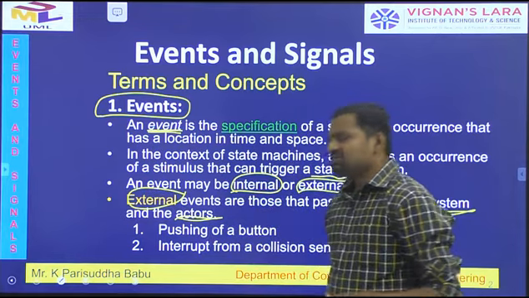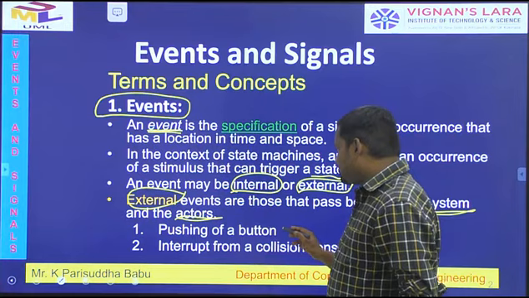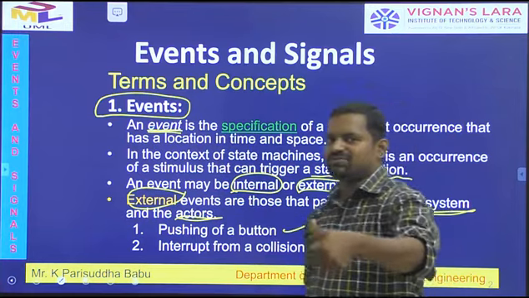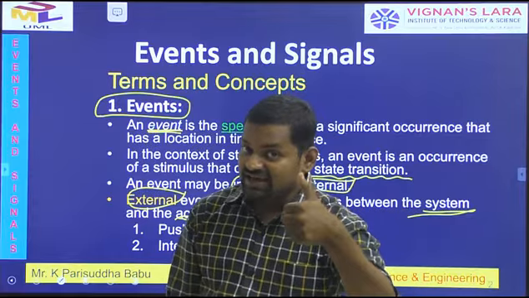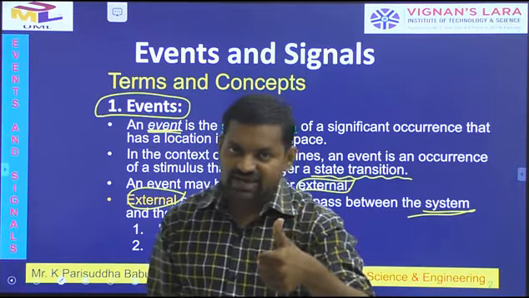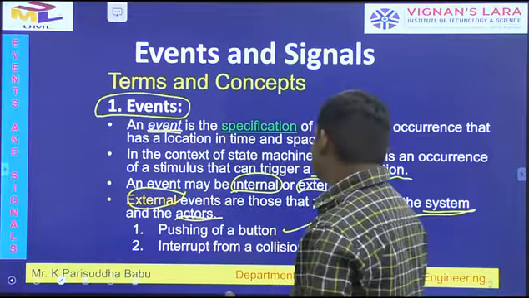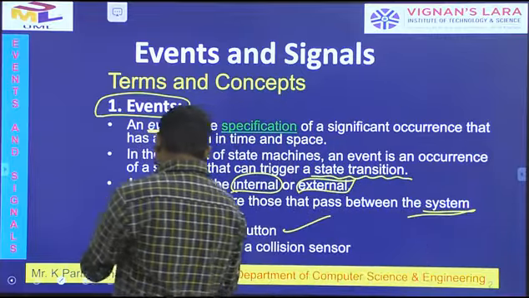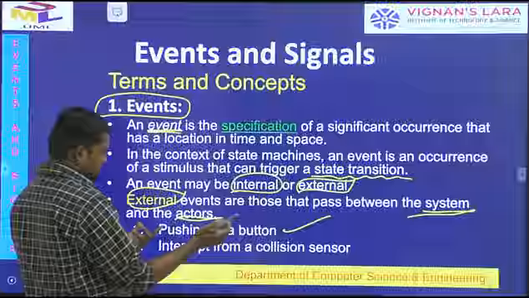What are examples of external events? Pushing a button. Pushing a button is an external event performed by the actor, pushing an event onto the system. That's why we say external events are the events that pass between the system and the actor.